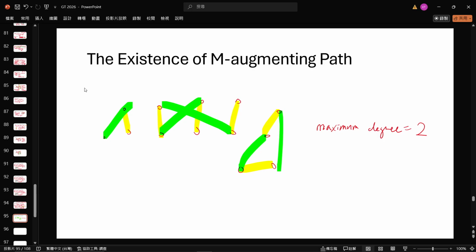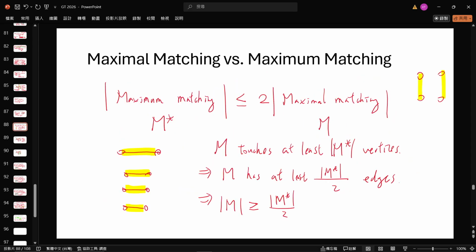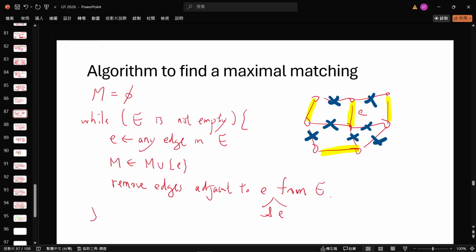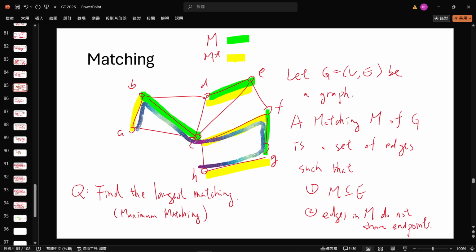So in short, you can also consider this M and M star.